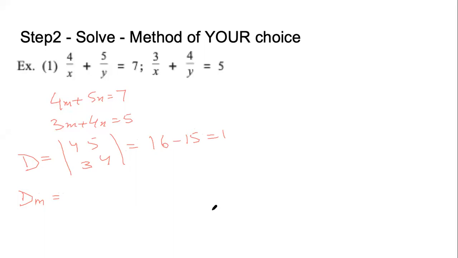Whatever variables are used in the equation, we have to name the determinants accordingly. If the variables are m and n, the determinants will be Dm and Dn. If the variables are x and y, they will be Dx and Dy. For Dm, we have 7 and 5, 5 and 4. 7 into 4, 28, minus 5 into 5, 25, equals 3.